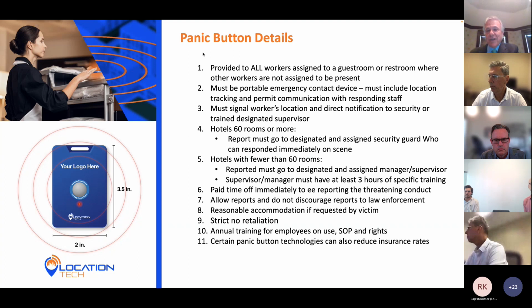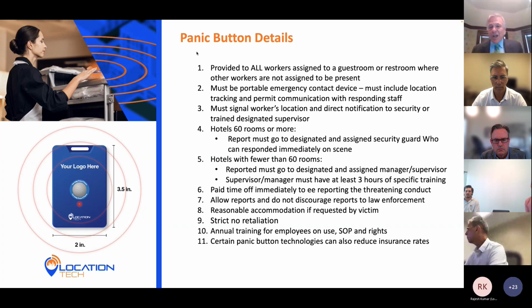There's also specific annual training requirements for employees: how to use the panic button, the company's process for how it's going to respond, who's going to respond, and then training on what employees' rights are.